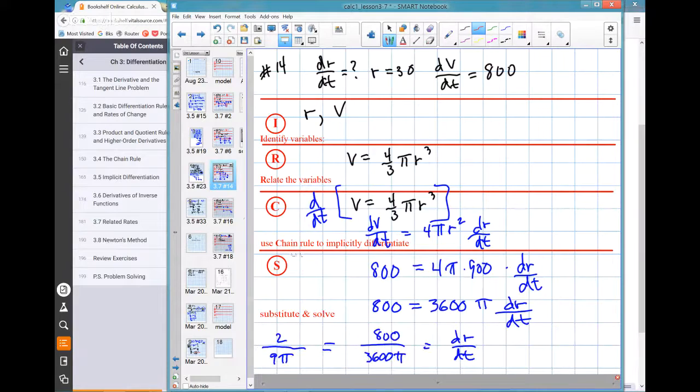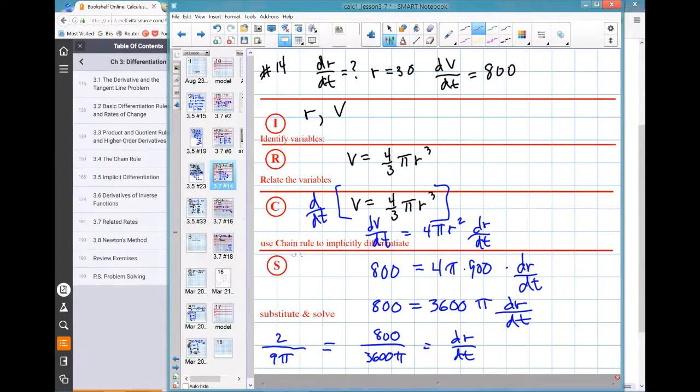Okay? So now it's just a matter of substituting and finishing. So for dV dt, that was given, 800. r is 30, so for r squared, I'm going to take 30 squared, which is 900. Pi is a constant, that stays there. And dr dt is the only thing we don't know, so we have to leave that be.